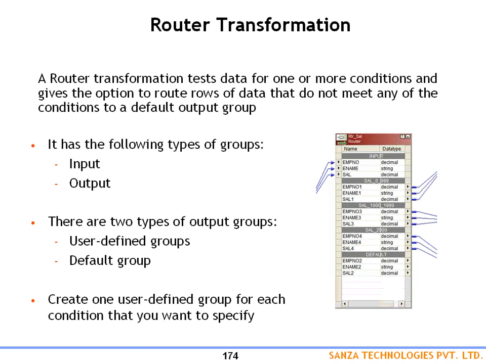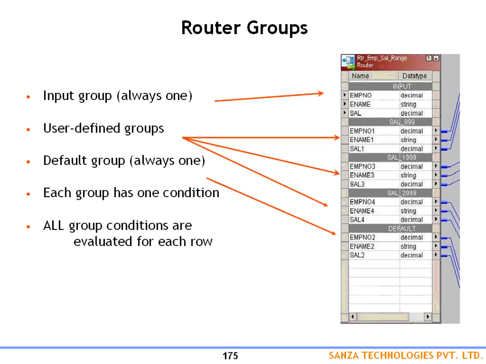Again, this output group is divided into two: one is called the user-defined group and the other is the default group. We'll discuss the importance of the default group. So, for the data coming in the input group and going out, you define the group condition. This is called the group condition, the user-defined group.